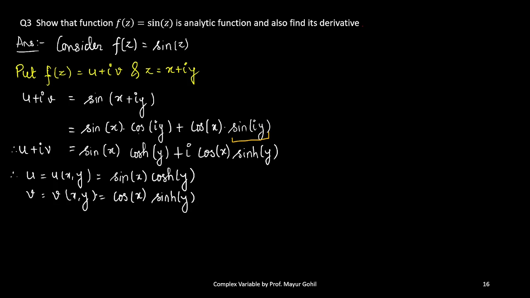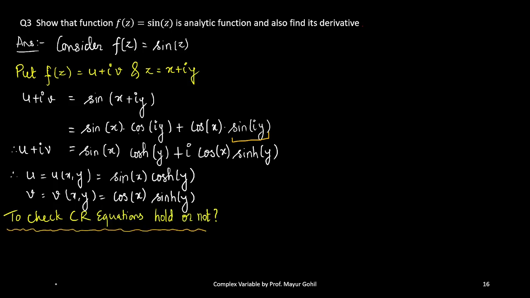These are the real part and the imaginary part. Now we go for finding the partial derivatives, because we want to check whether the Cauchy-Riemann equations are satisfied or not. So we go to check whether the CR equations hold or not.